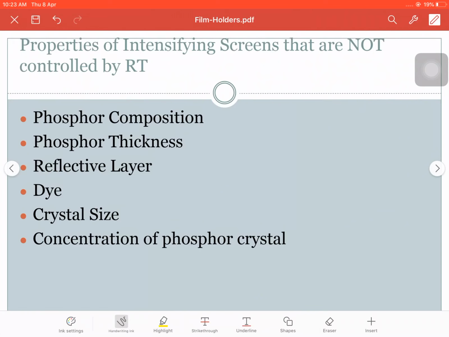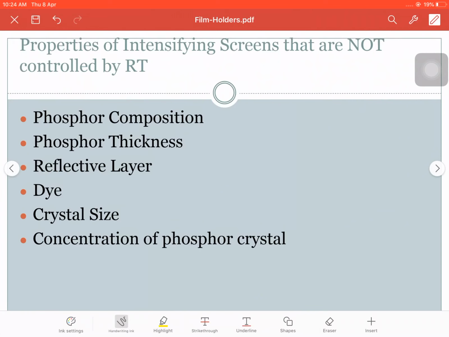The phosphor composition, only the manufacturer can determine it, whether it will be composed of calcium tungstate or rare earth crystals. But again, rare earth efficiently converts X-ray into visible light. Next is phosphor thickness. Again, phosphor composition and phosphor thickness are always based on the manufacturer.